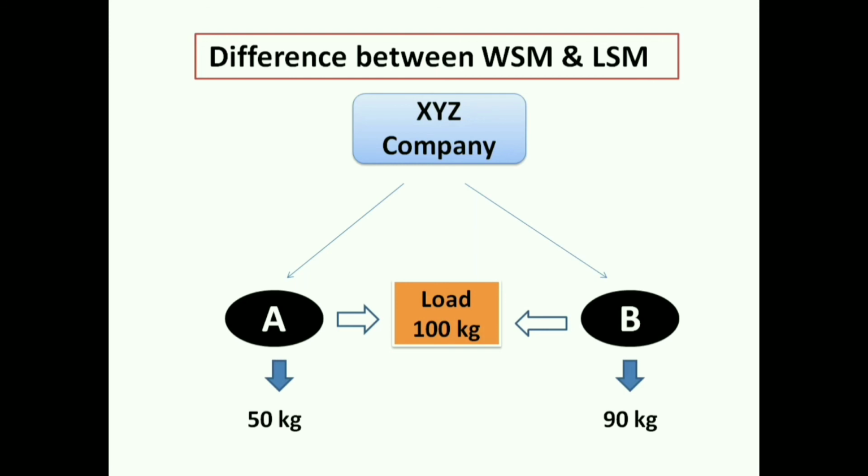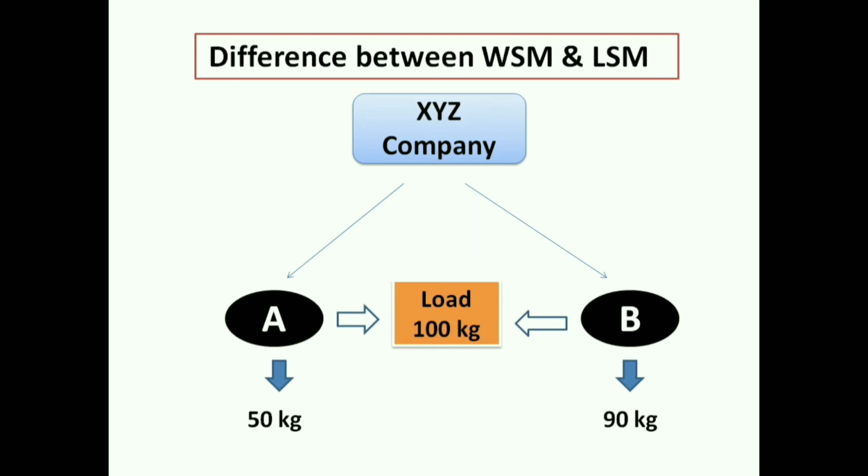The moral of the story is both are safe in loading, but the person B can complete and take load faster than A. Now a question comes to your mind: what is the relation between my example and the LSM and WSM?